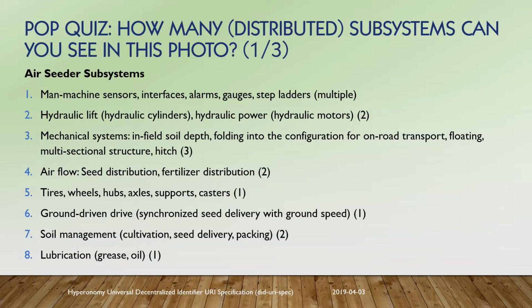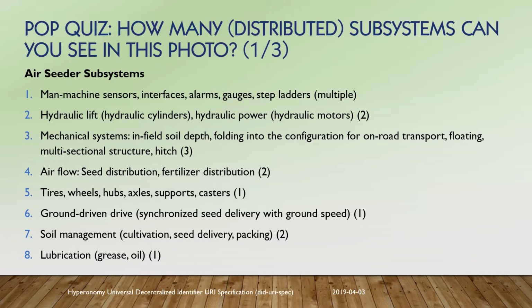So the air seeder has man-machine sensors, interfaces, alarms, gauges, step ladders for physically crawling up and loading the hopper with seed. Hydraulic lift systems, hydraulic power systems, mechanical systems in terms of controlling the in-field soil depth, being able to fold the entire air seeder into a configuration for on-road transport.